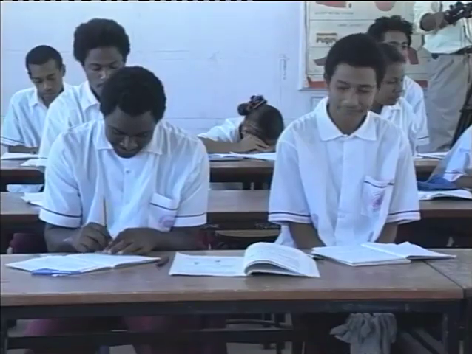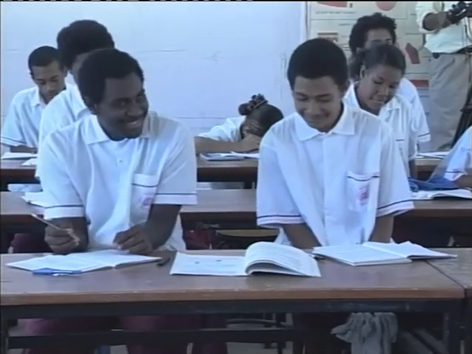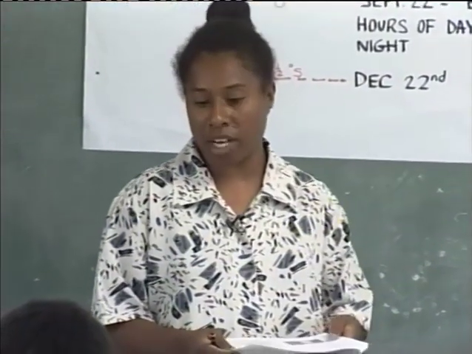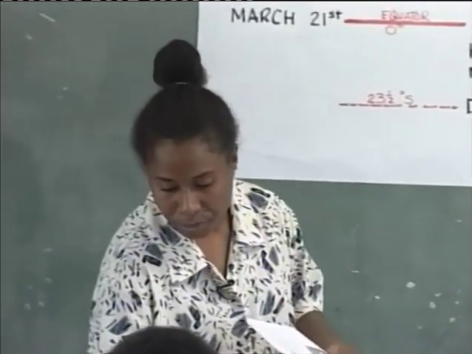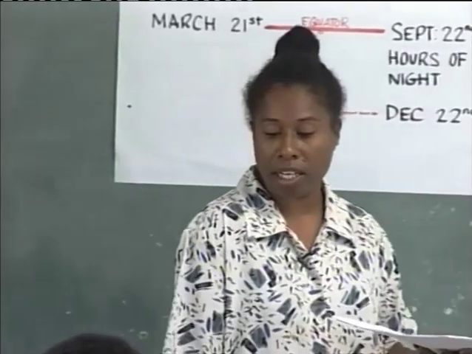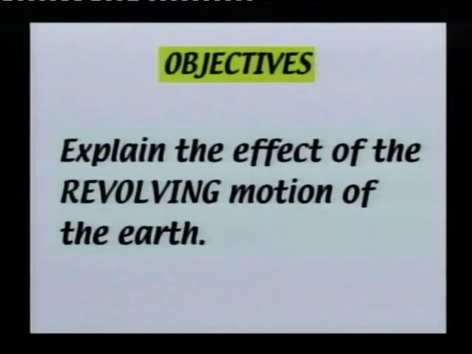Okay, those are again recall questions, some of the words that we have used when we were looking at the information on climate from our introduction. We'll move on. Our objective for our lesson today is basically to look at the second movement that the Earth does beside rotation, and that is the movement of revolving.